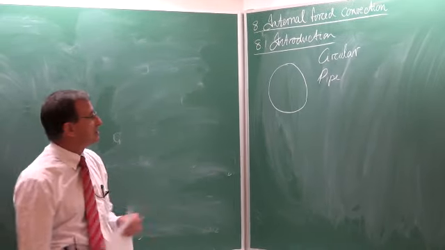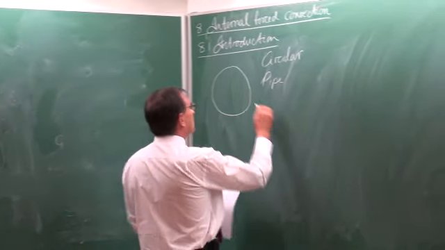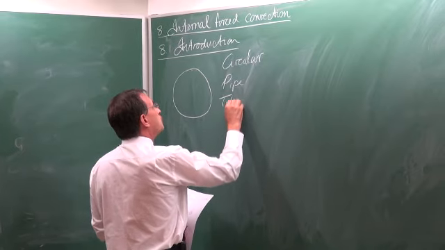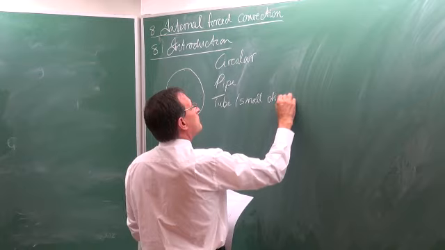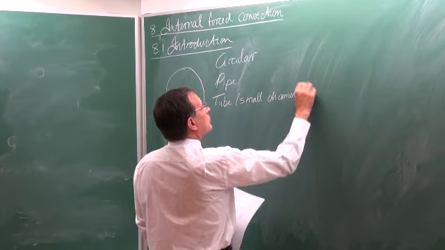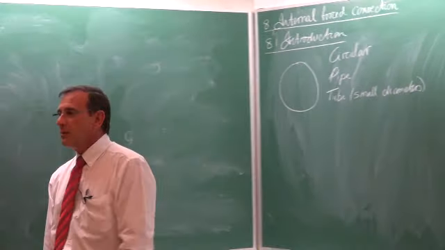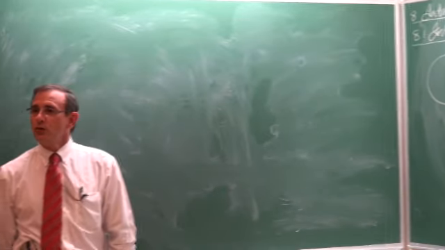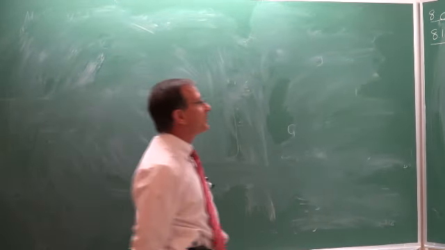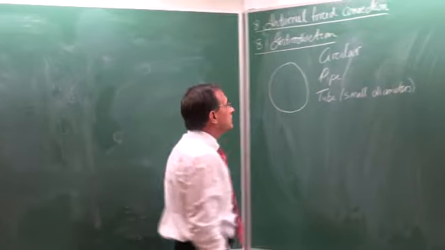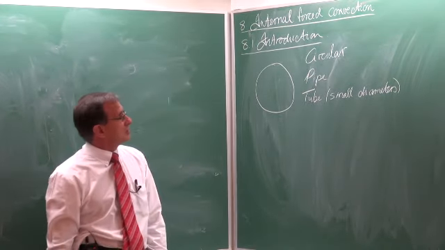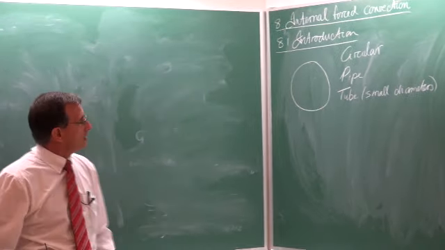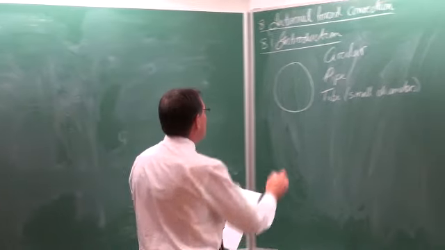Especially for liquids. And it is called a tube for small diameters. Okay. So if the diameter is small, then usually we refer to it as a tube. Larger diameters, usually pipes. And if the geometry is circular, in general, a pipe.